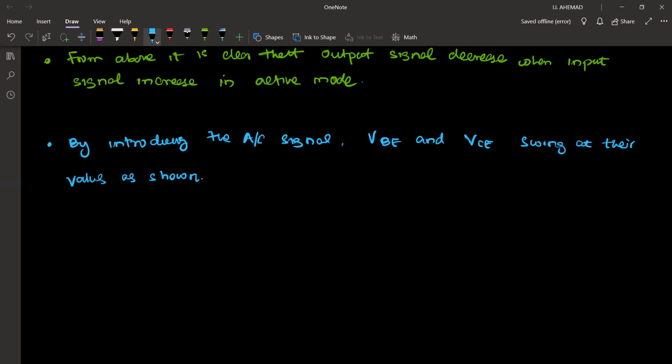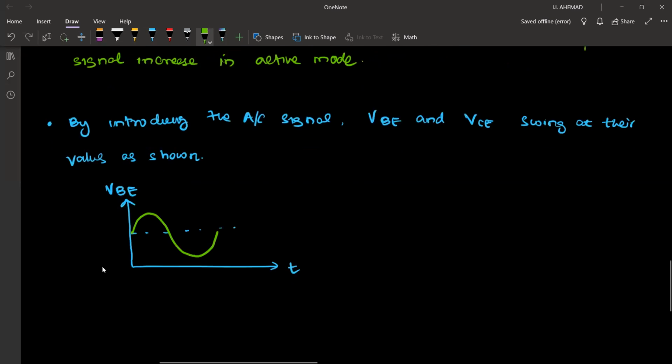So our input signal, we give it to VBE, right? Now VBE versus time. If you can remember, VBE is also not going to be negative, okay? Now let's say this is varying like this. We have a fluctuation as shown.